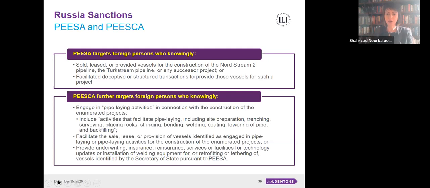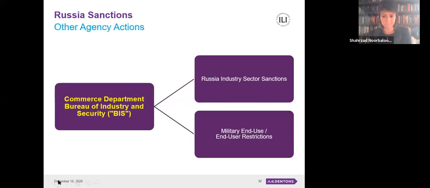PEESCA also authorizes sanctions against foreign persons determined to have knowingly provided underwriting, insurance, reinsurance, and other types of services that facilitate technology updates or installation of welding equipment for the vessels identified by the Secretary of State pursuant to PESA. So as you can tell, PEESCA allows for a broader reach by the United States over non-US persons for engaging in a larger scope of activities than was the case under PESA. Next slide, please.